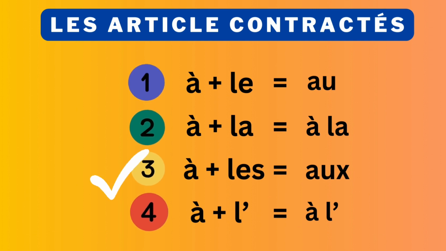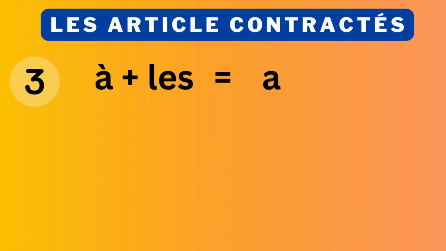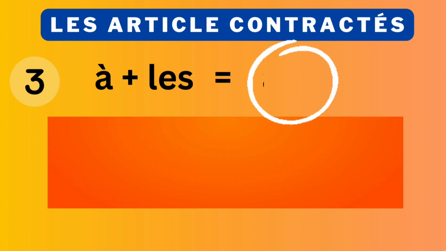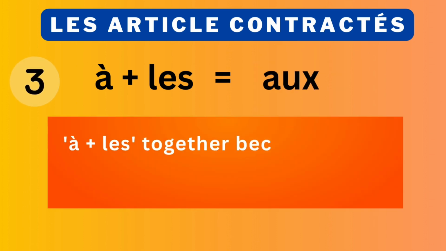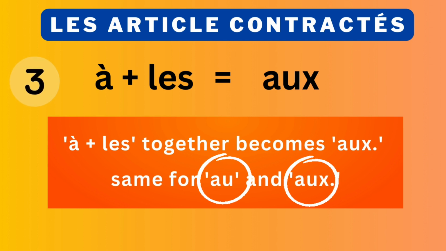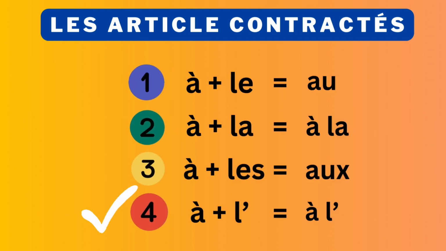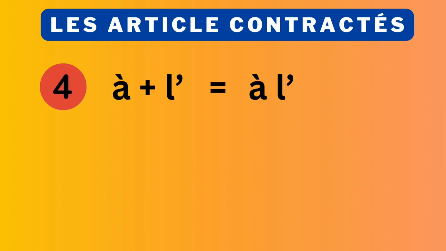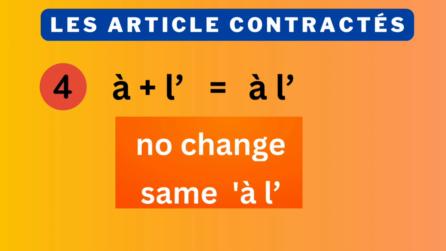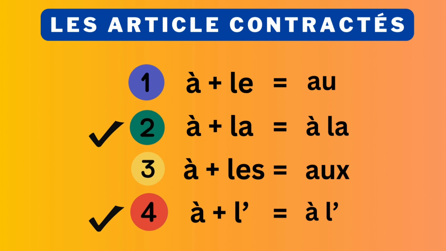À plus les becomes aux. À plus les together becomes aux. The pronunciation is the same for au and aux. À plus l' apostrophe becomes à l' apostrophe. Again there is no change, so it's à l' apostrophe. So in the second and fourth cases, you do not have to make any change.